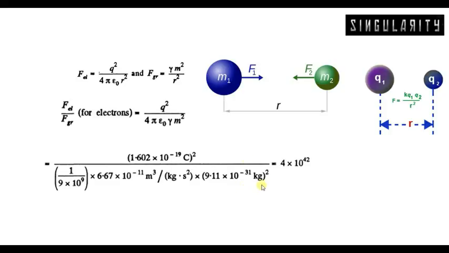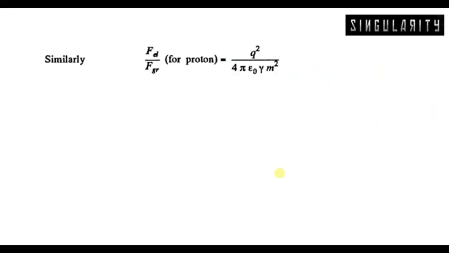If you calculate this, and I have verified it, you will get 4 into 10 raised to the power 42. So the electrostatic force is far huger than the gravitational force.